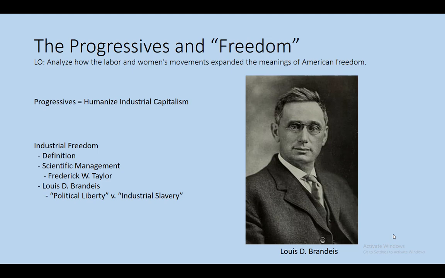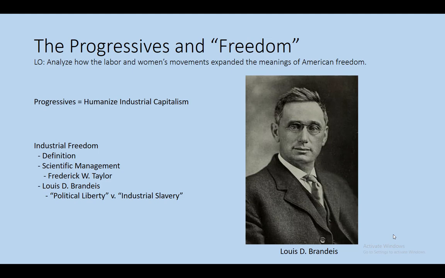And so progressives wanted to humanize this capitalism, make them remember that there were humans involved, and treat them a little bit better. And so now we start to see this talk about industrial freedom. We can define industrial freedom as empowering workers to participate in economic decision making via strong unions. Empowering workers to participate in economic decision making via strong unions.